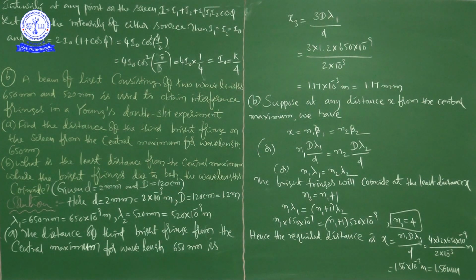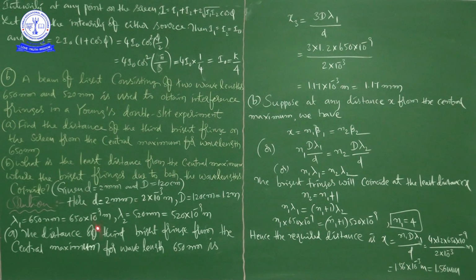Okay. In this class we discussed 3 problems. In the first problem, according to the given information, we found the wavelength of light used in the experiment. In the fifth problem, we found the intensity of light at a point where the path difference is lambda by 3, right.